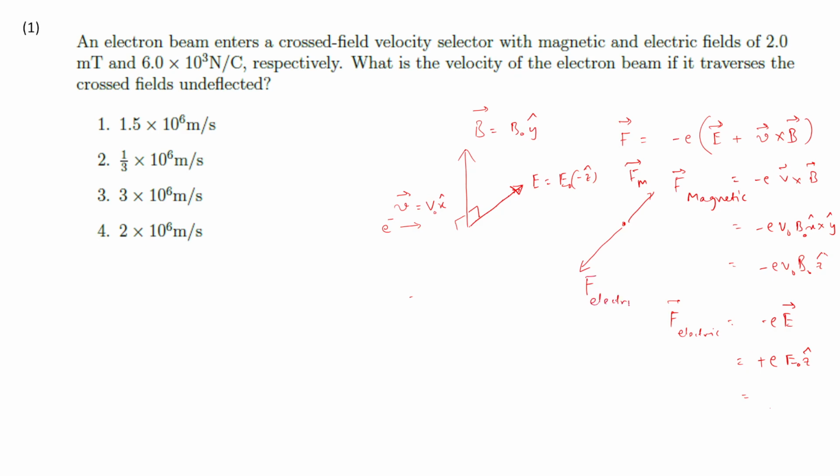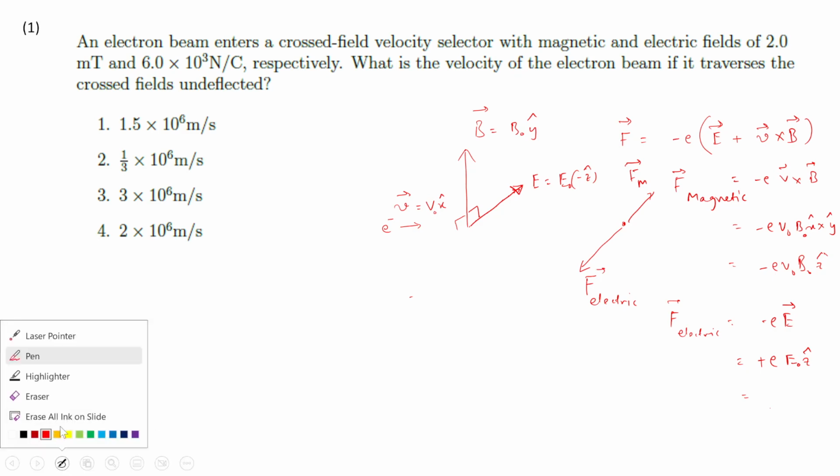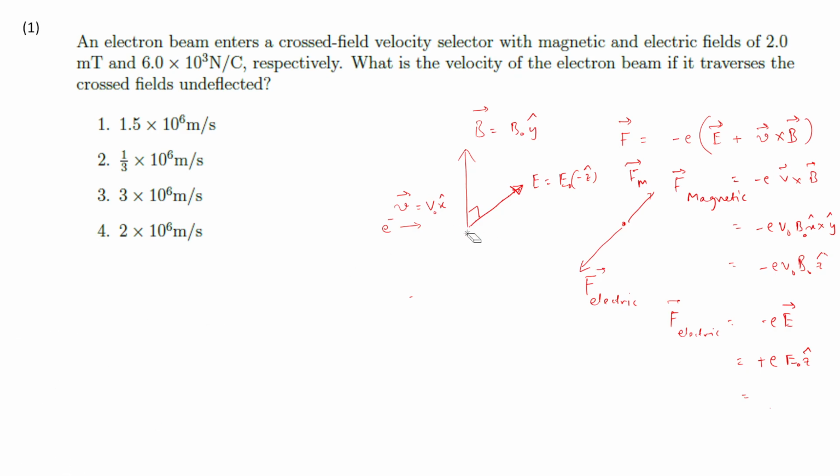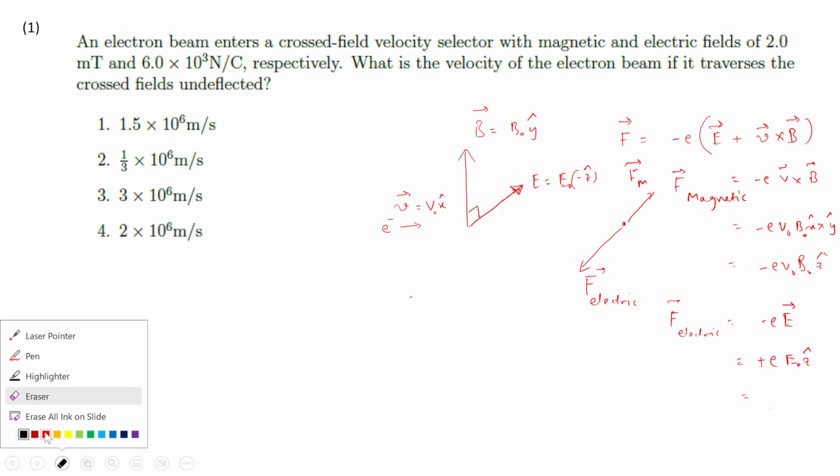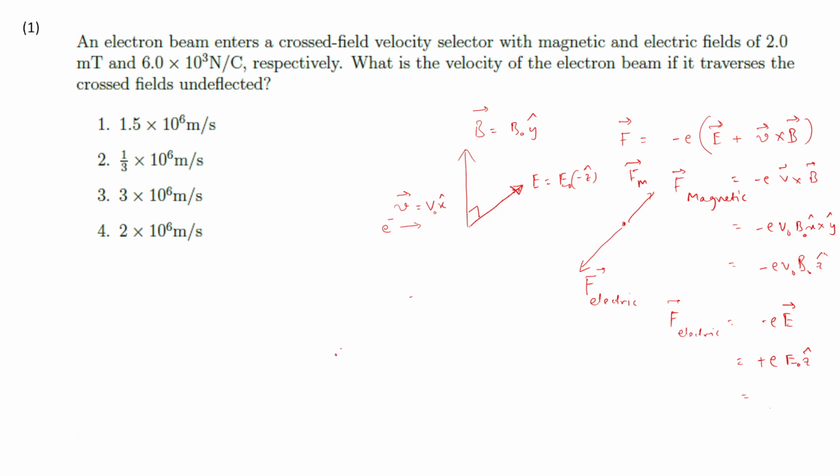So if the electric and magnetic fields are arranged along this direction, then we will be getting some magnetic force along this direction. I'll just draw it nicely again.